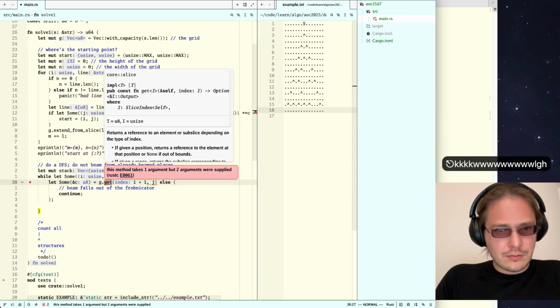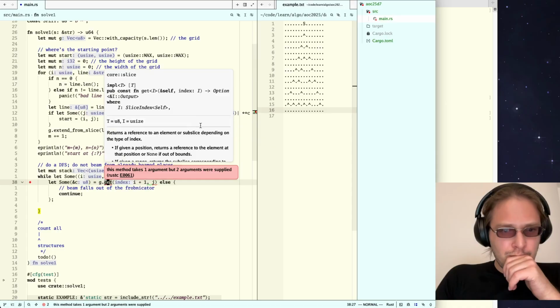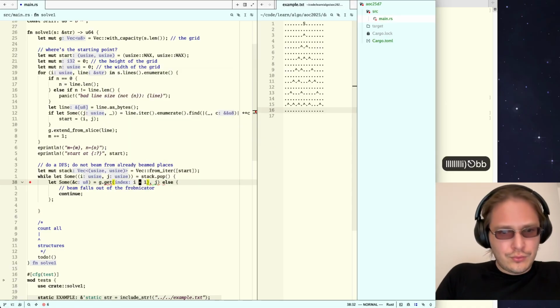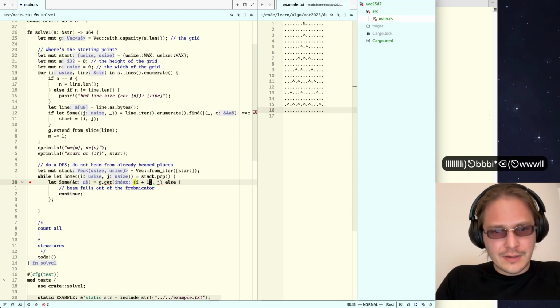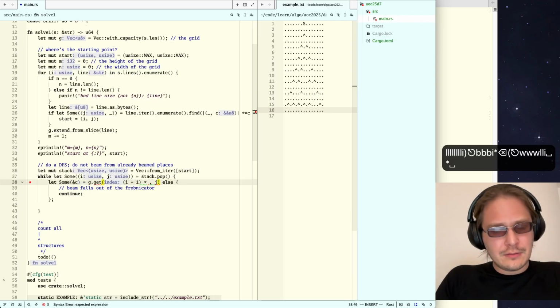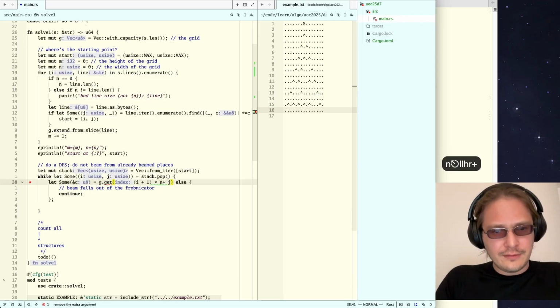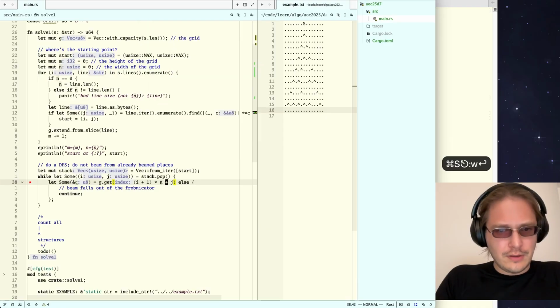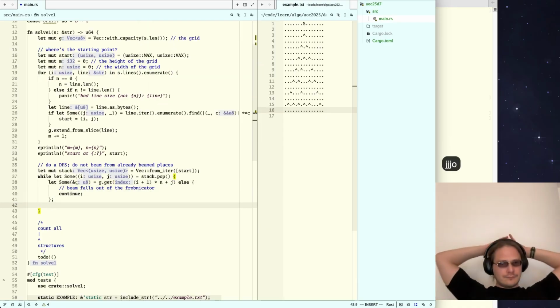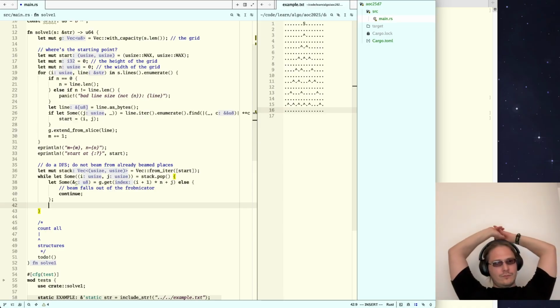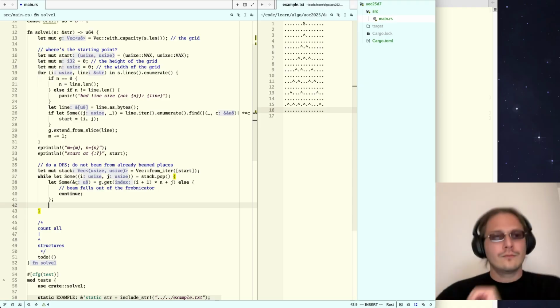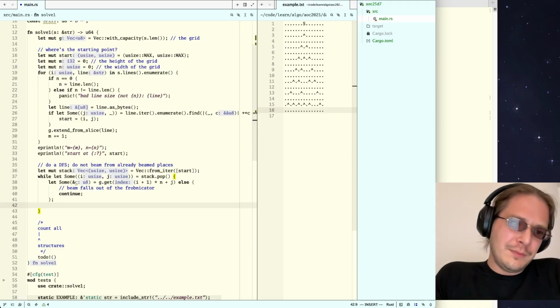What's wrong with you? Oh, right. This crap again. Multiplied by n plus j. Okay, that makes sense. Now, so if beams combine, then we also continue.